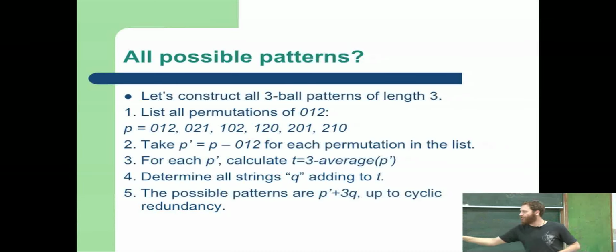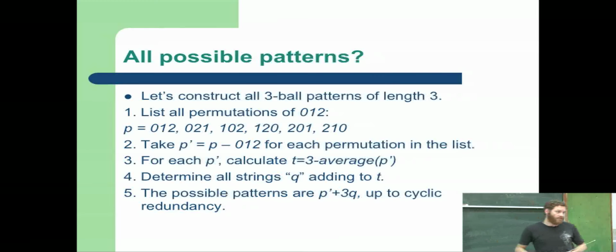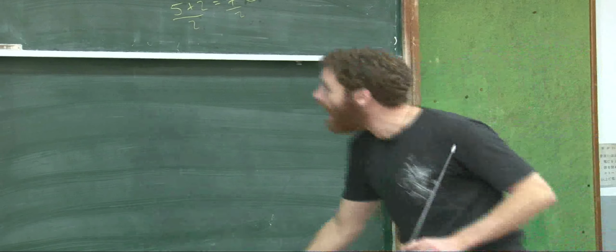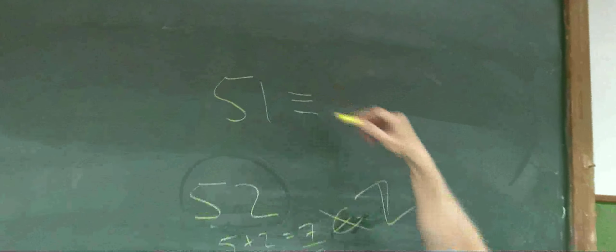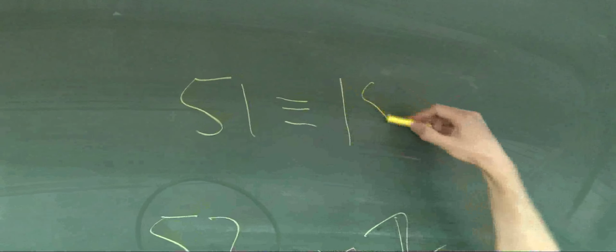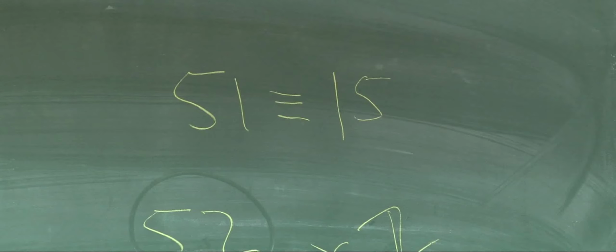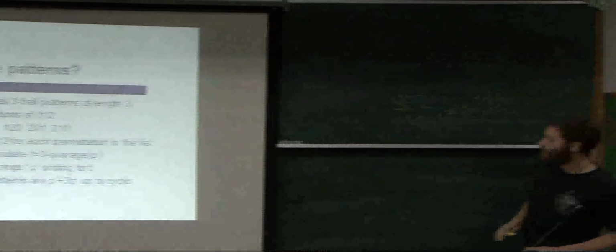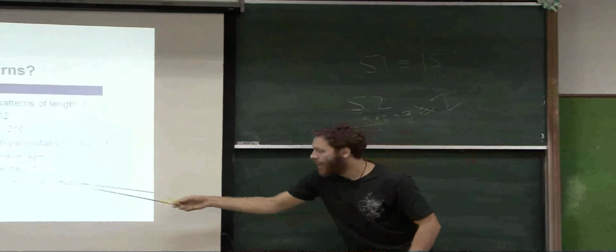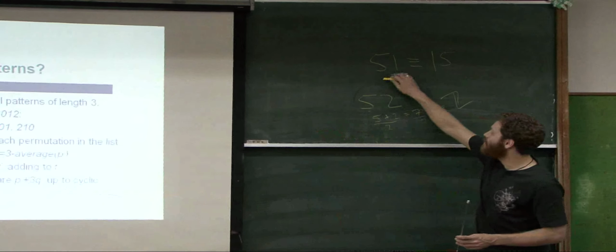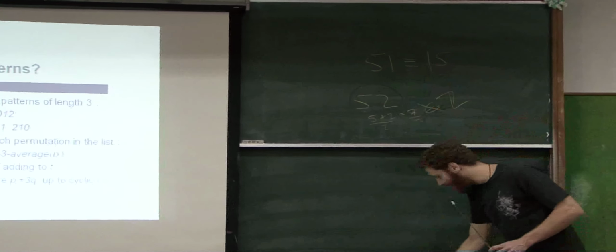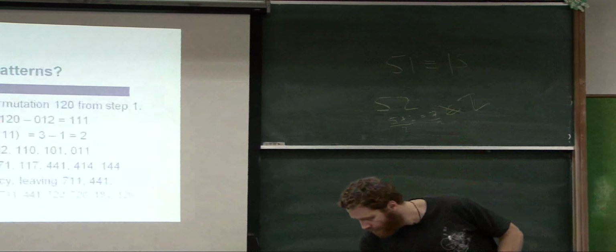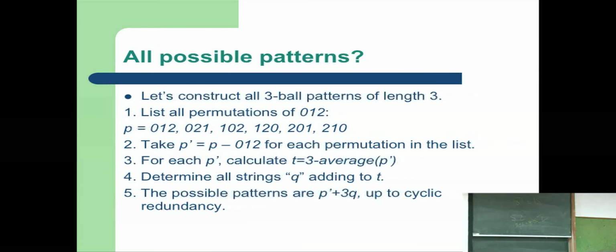And here I've said it's true up to cyclic redundancy. What I mean by that is, for example, the pattern 5, 1 is actually equivalent to the pattern 1, 5. So when we say up to cyclic redundancy, I mean we don't treat those as distinct patterns.